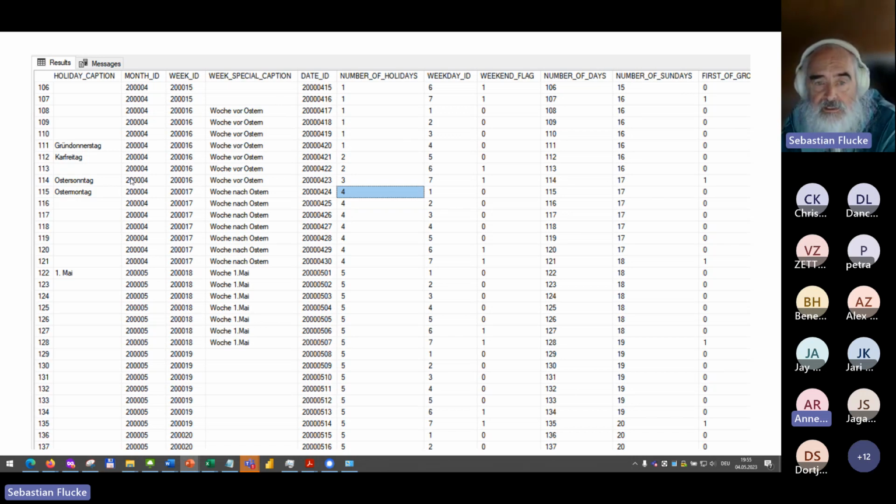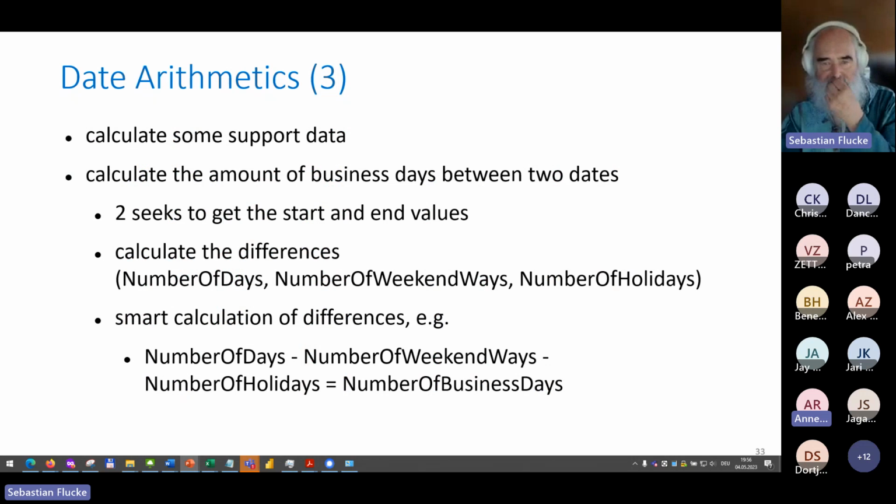Until the 22nd of April 2000, we have 16 Sundays. And the 23rd of April of 2000 is a Sunday, so we raise the number of Sundays by 1, and on the next Sunday by 1, and so on and so on. So we know how many Sundays we have. And the same with the Saturdays, with the holidays, with some other days. That is a kind of pre-calculated values we need for a quite fast mechanism.